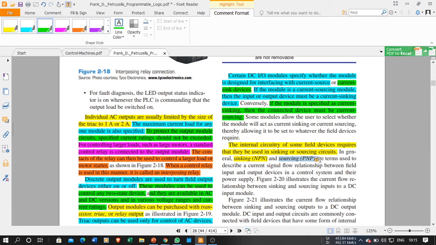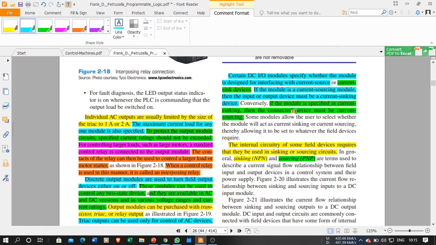If I am going to use NPN type circuitry, then that is sinking type, and if I am going to use PNP type circuitry, then that is sourcing type. You have studied this in electronics, NPN transistors, PNP transistors and all these things. So generally sinking means NPN and sourcing means PNP, terms used to describe the current signal flow relationship between the field input devices.